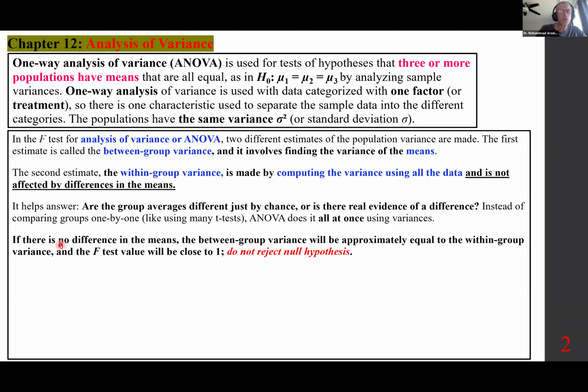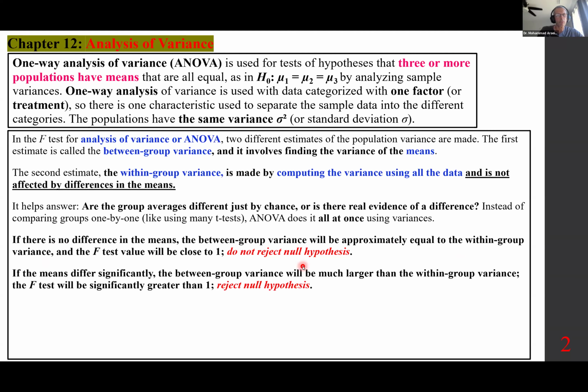If there is no difference in the means, the between group variance will be approximately equal to the within group variance, and the F test value will be close to 1. Do not reject the null hypothesis. If the means differ significantly, the between group variance will be much larger than the within group variance.